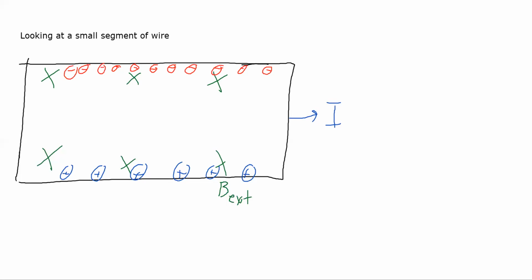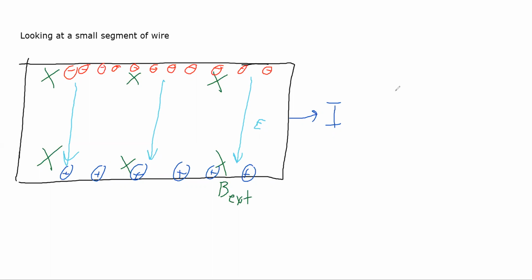I guess in this lighter blue would be good. Okay, so my electric field will look something like this. Now, we have electric field going down, and the more charge that accumulates in here, the more electric field we're going to have.